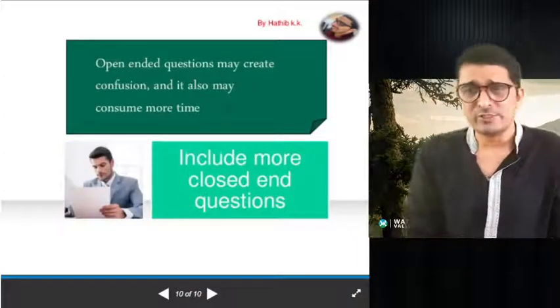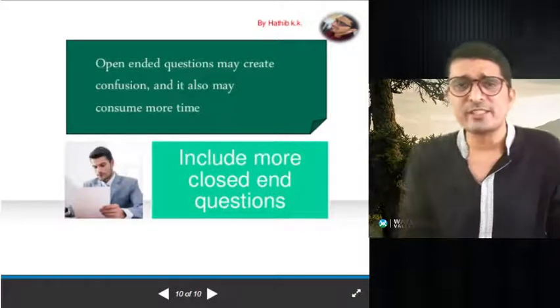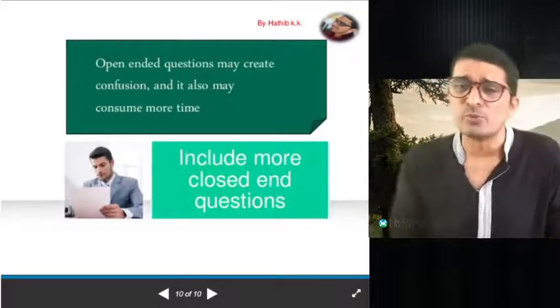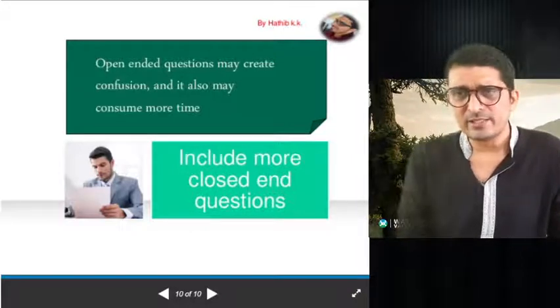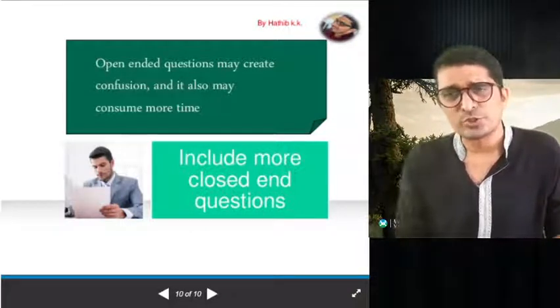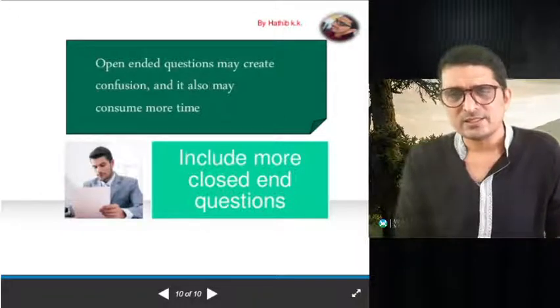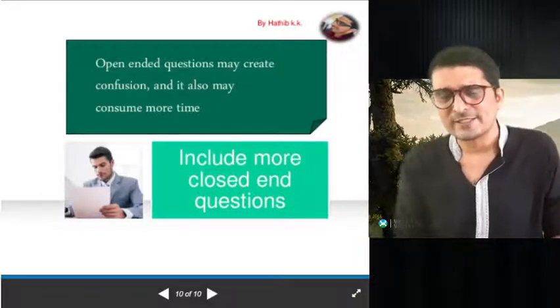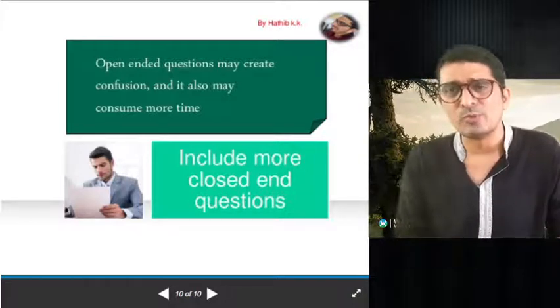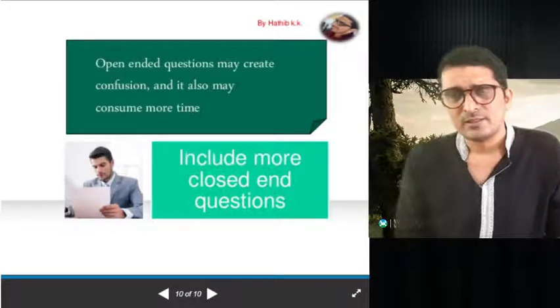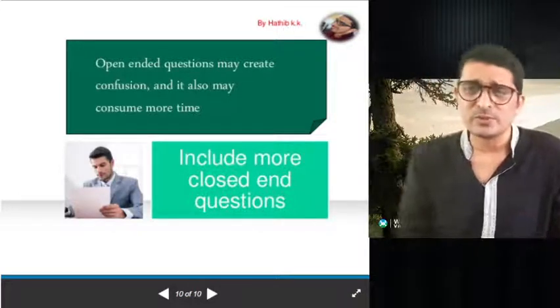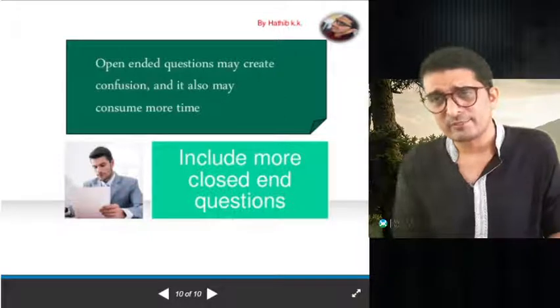Include more closed-end questions. Open-ended questions may create confusion and may also consume more time. Don't make them write paragraphs or essays or short answers. Just ask them closed-end questions: yes or no questions, true or false questions, or multiple choice questions. And as I told earlier, you should make your questions specific.